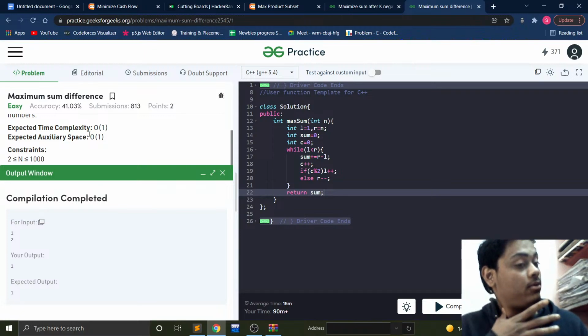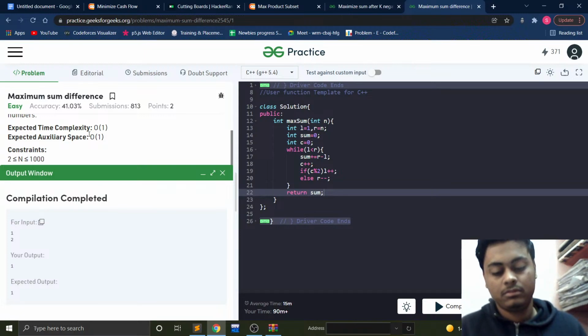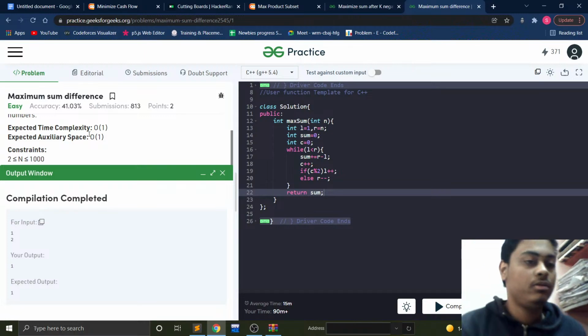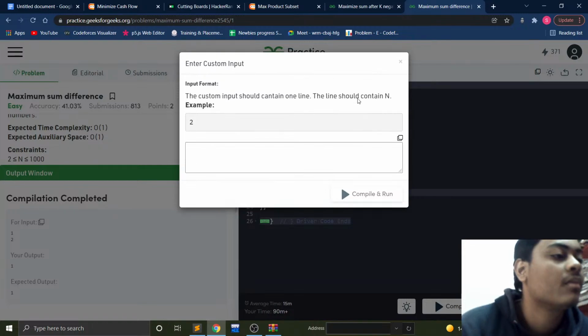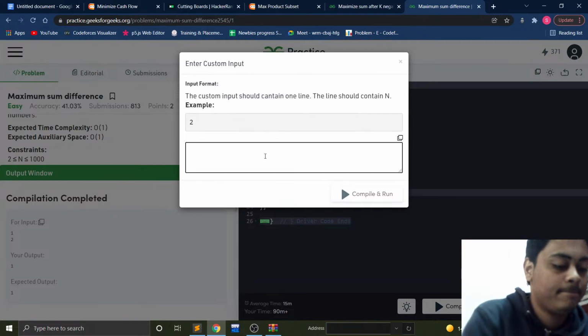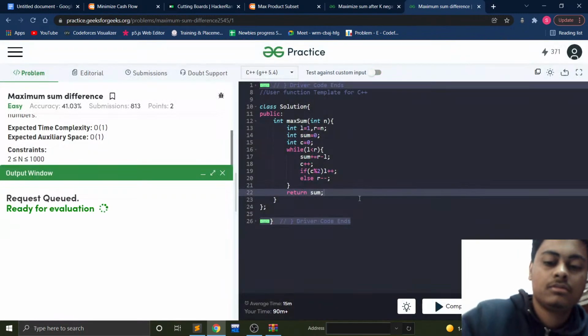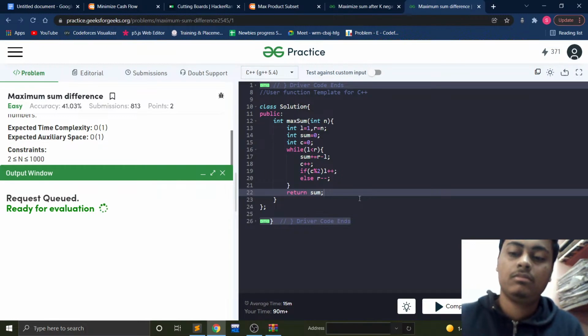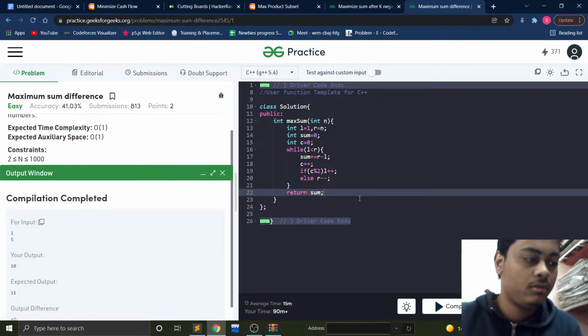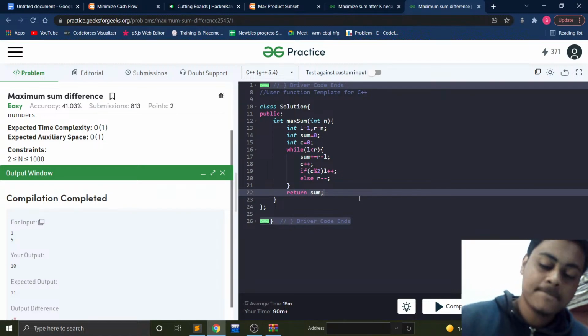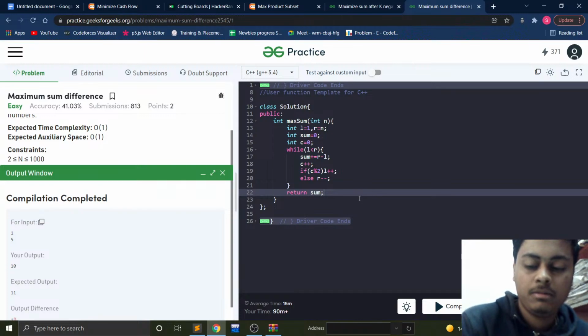Expected time complexity is order of 1. Let us try to submit this one first, and then we'll see the order of 1 method also. 5. This is wrong. 1, 5, 2, 4, 3. 4 plus 3 plus 2 plus 1.